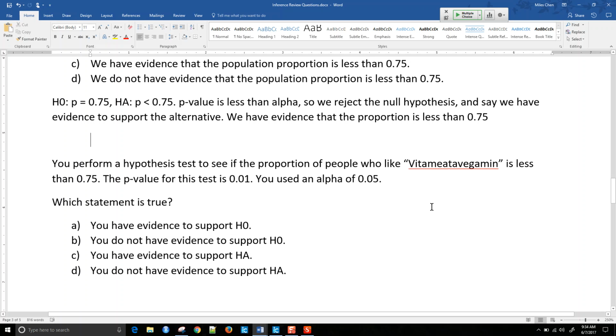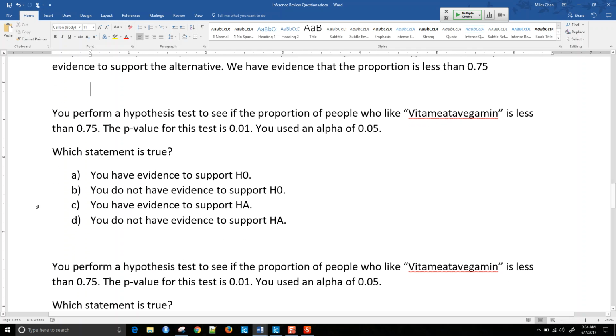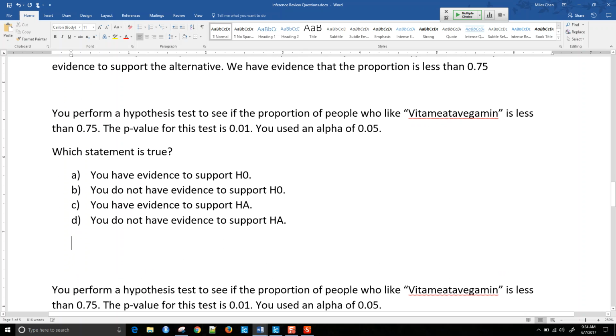The p-value for this test is 1%. You used an alpha of 5%. Which statement is true? And this would also be C. You have evidence to support the alternative.